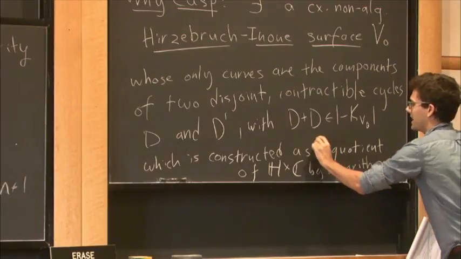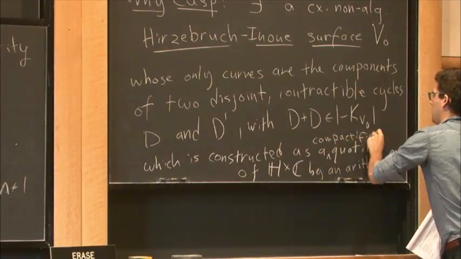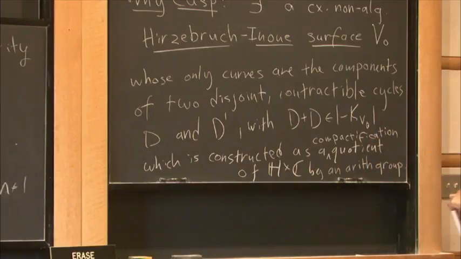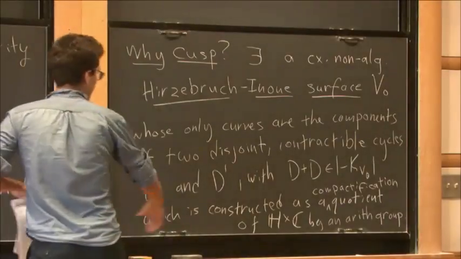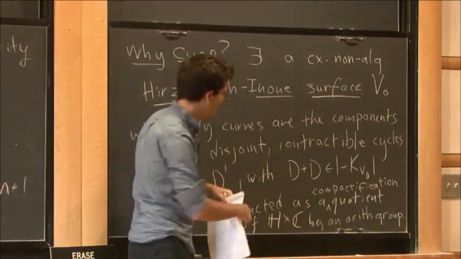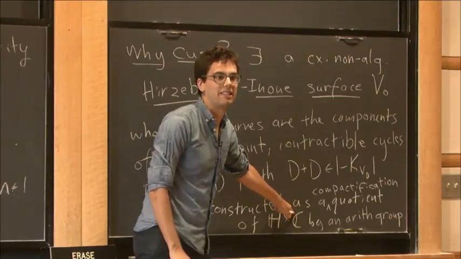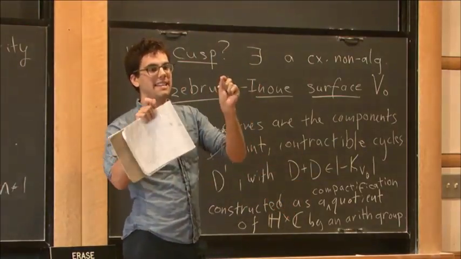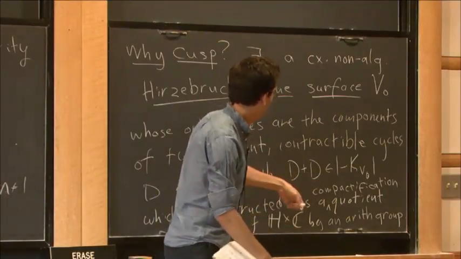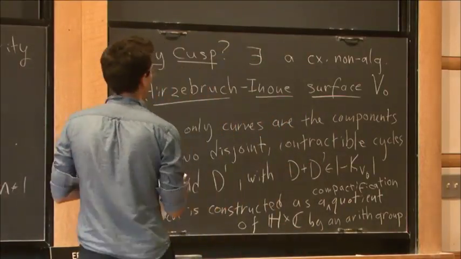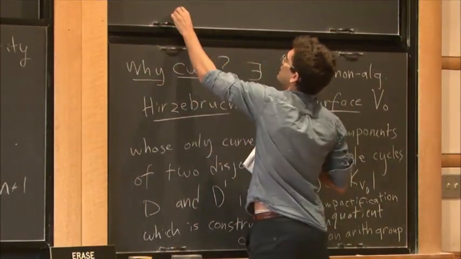Maybe I should say a compactification of a quotient. And so this H cross C has a certain discrete group acting on it associated to a real quadratic field. You compactify it by adding two cusp singularities, and you can resolve them to get two disjoint cycles. Sorry. So let me just draw a picture of this.